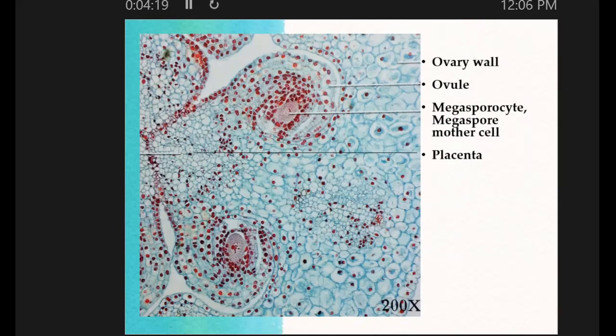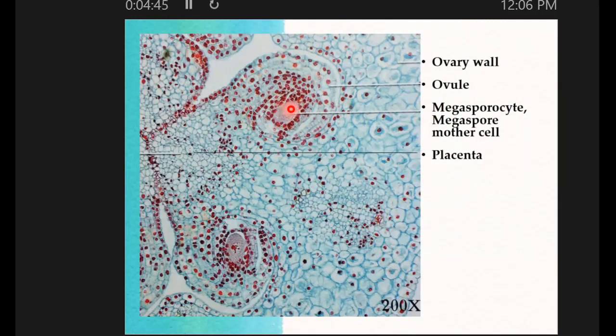We see that again with the angiosperms: one megaspore mother cell. So that's what they have labeled in the center of this very young ovule. And that megaspore mother cell, there's just one, just like in the gymnosperm. That cell has to go through meiosis and produce 4 cells. When you have one cell going through meiosis, you end up with 4.